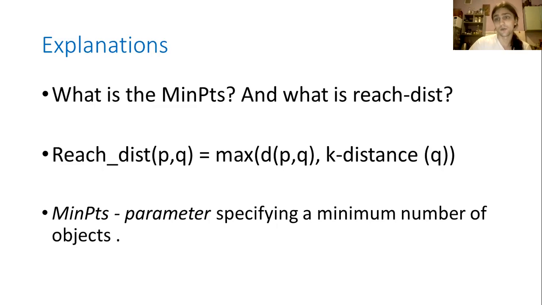It's called MinPts. MinPts is a parameter specifying a minimum number of objects.